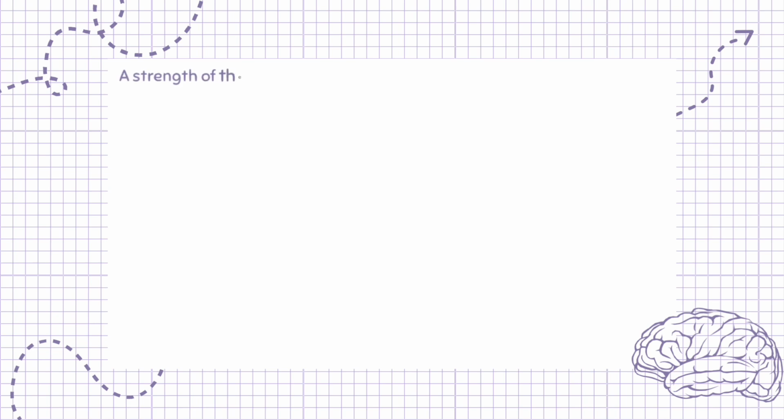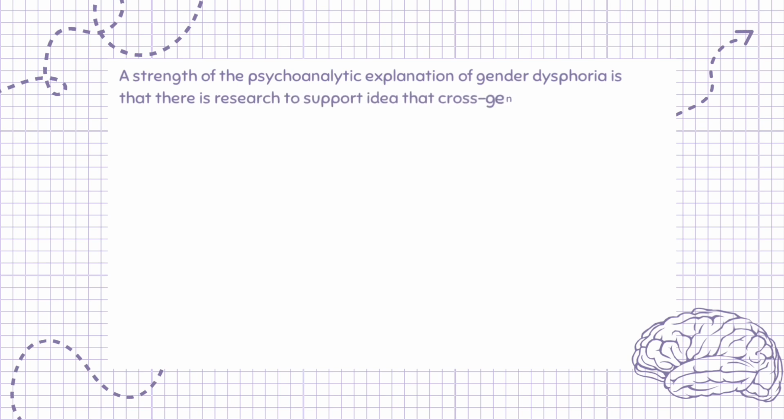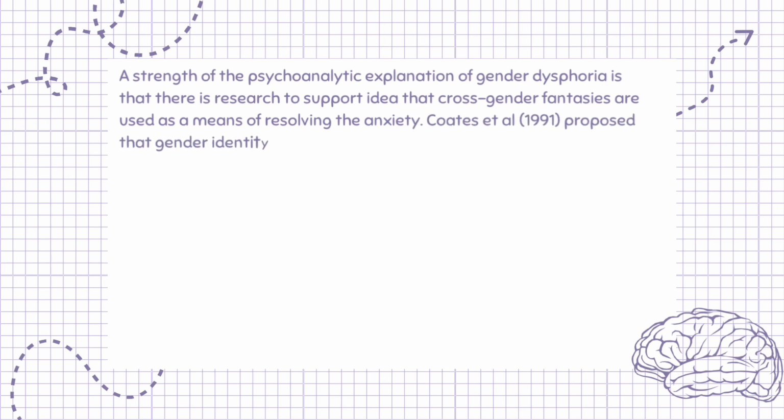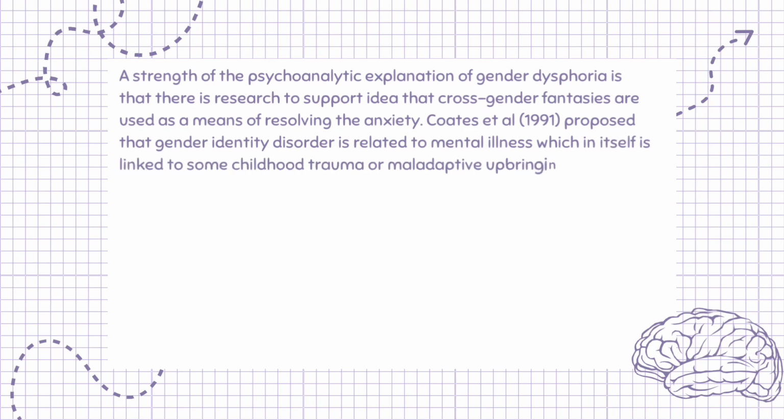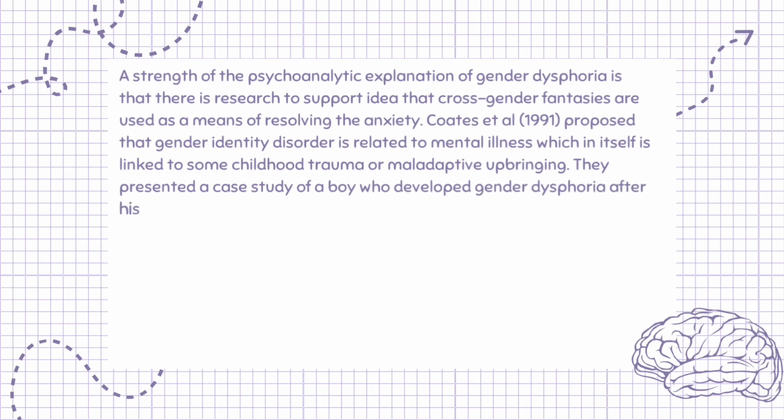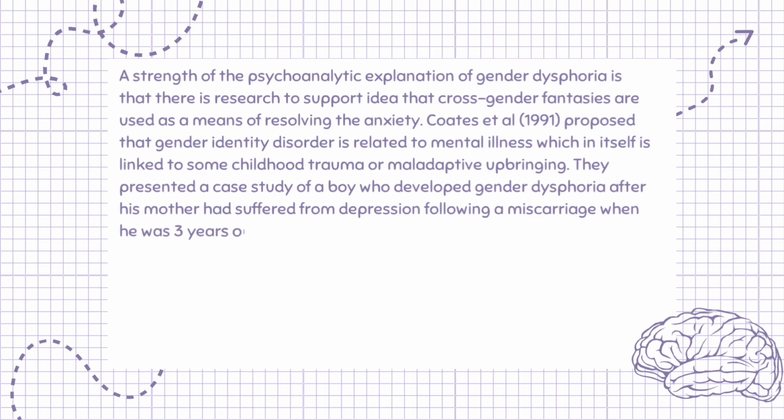A strength of the psychoanalytic explanation of gender dysphoria is that there is research to support the idea that cross-gender fantasies are used as a means of resolving the anxiety. Coates et al., 1991, proposed that gender identity disorder is related to mental illness, which in itself is linked to some childhood trauma or maladaptive upbringing. They presented a case study of a boy who developed gender dysphoria after his mother had suffered from depression following a miscarriage when he was 3 years old.